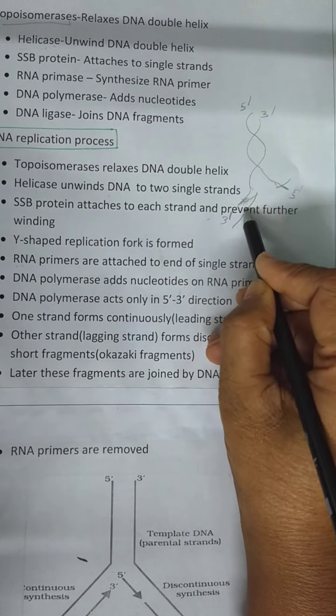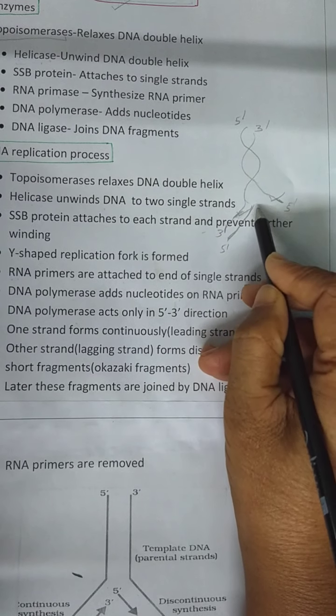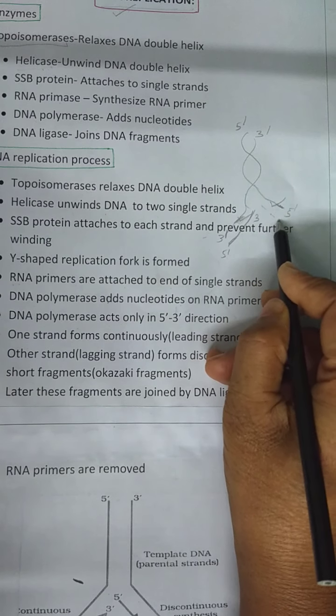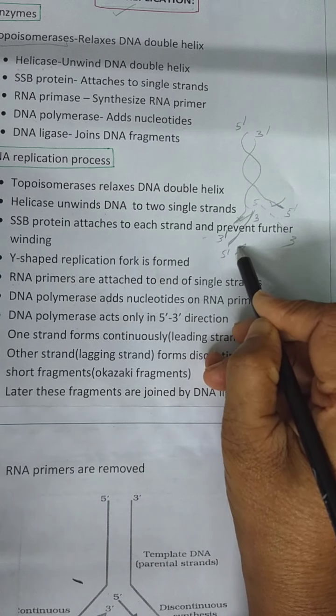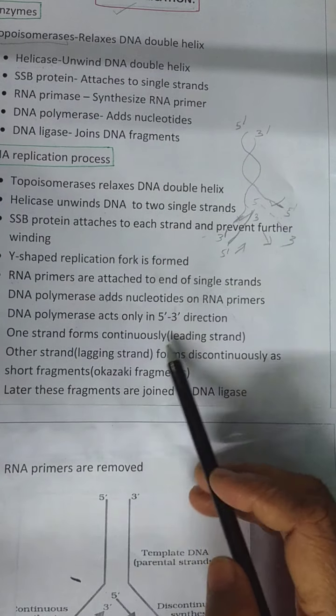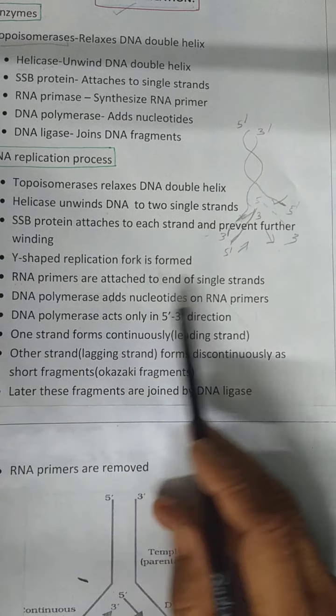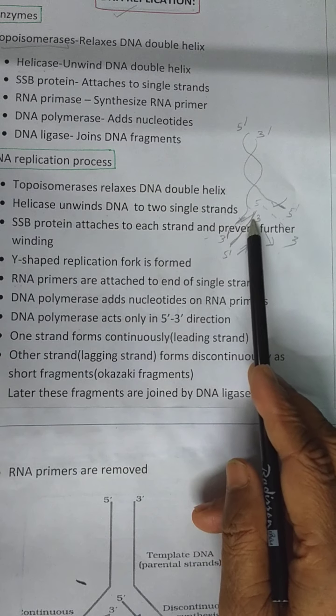So when the DNA is forming, here it will be 5' and 3', and again here 5' and 3'. So always the direction is from 5' to 3'. This DNA polymerase acts only in the 5' to 3' direction.